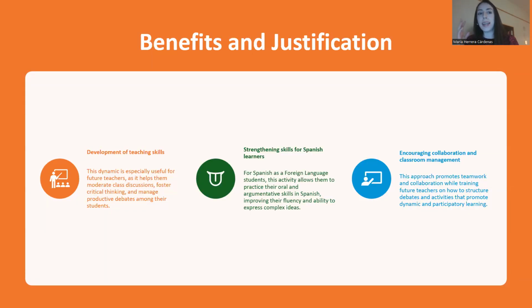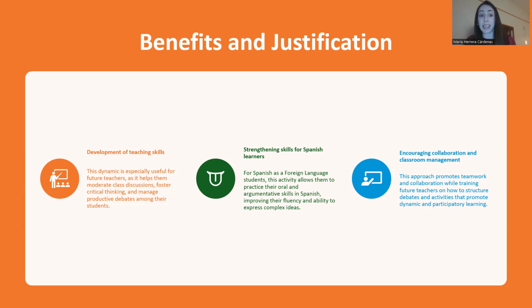Now, when thinking about benefits, we need to analyze these three main elements. First, role-playing while teaching foreign languages helps students develop their teaching skills and their learning skills because they are learning while also explaining to others.